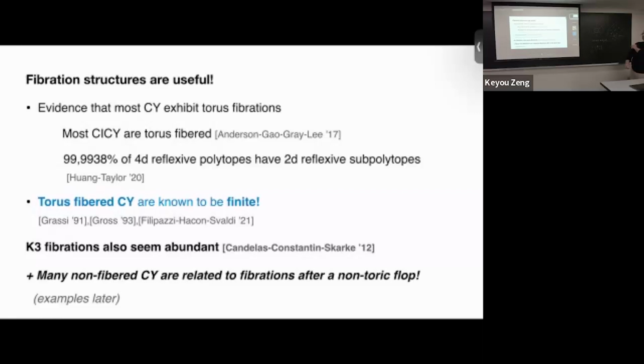In the next line, I mentioned K3 fibrations seem abundant. Okay, that's because there was a paper by Candelas et al., Candelas, Constantin, and Skarke, which basically had a similar title. It was that fibrations are abundant. And what they were doing is they were looking for torically induced fibrations on Calabi-Yau threefold hypersurfaces.